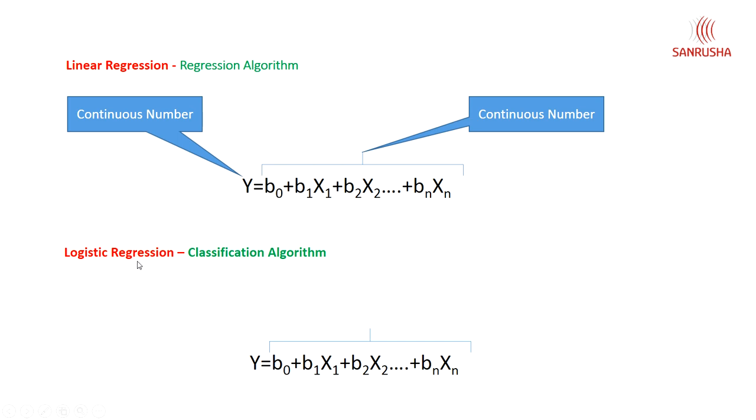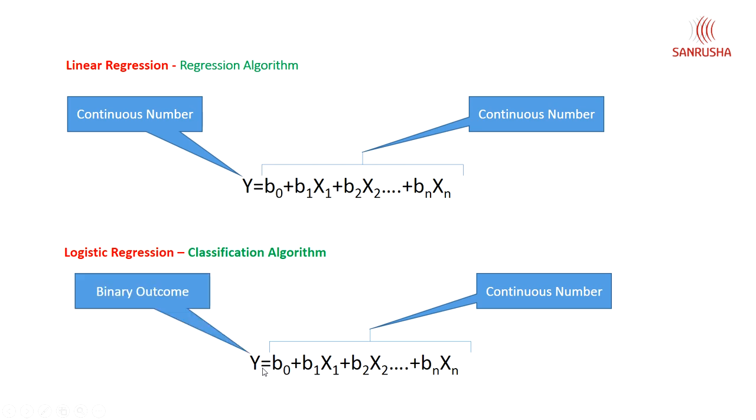Let's come to logistic regression. Even though the name says regression, it's actually a classification algorithm. And by classification I mean the outcome is not a continuous number. So let's begin. On the right side it is the same. It is still the same continuous number. So the outcome of this side will be a continuous number.